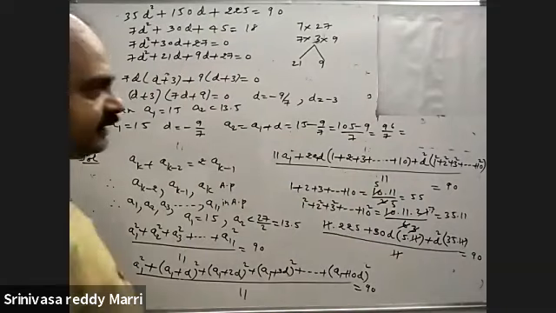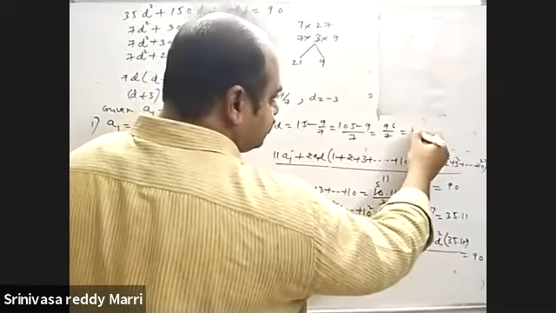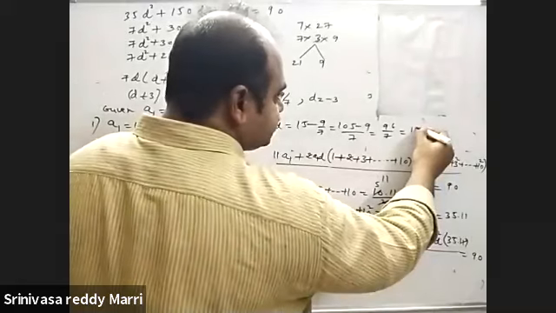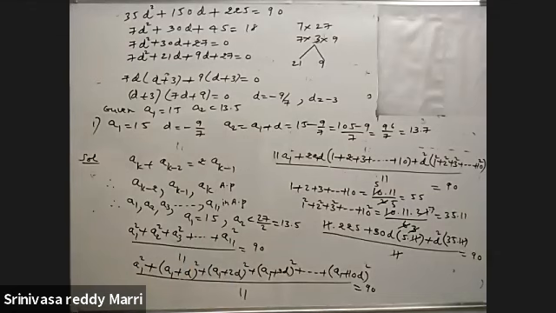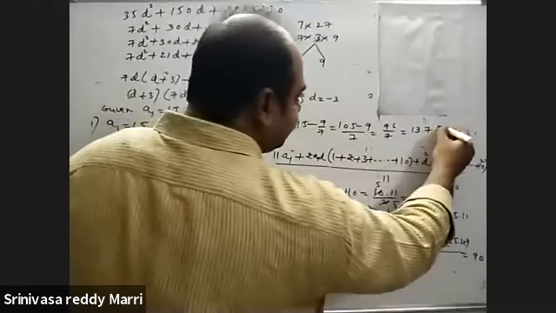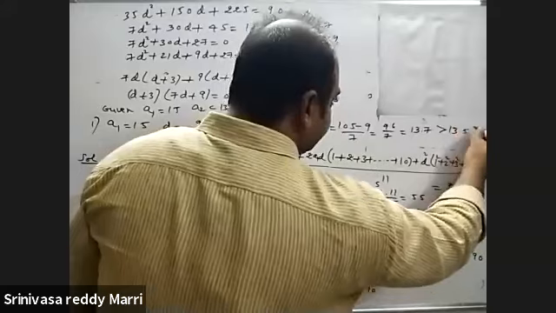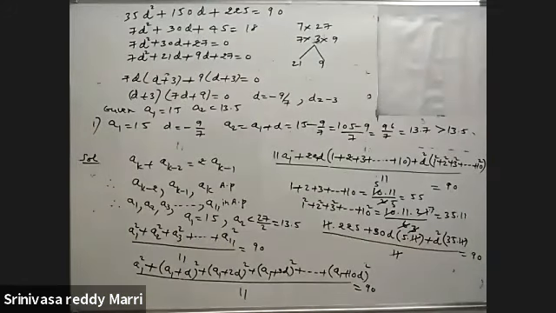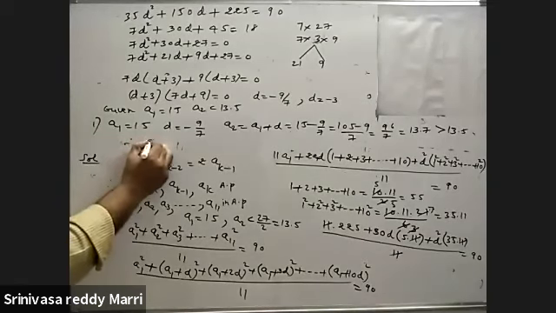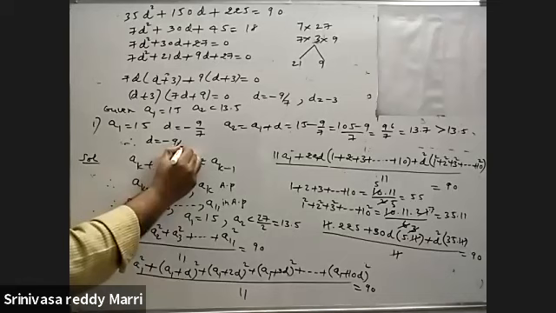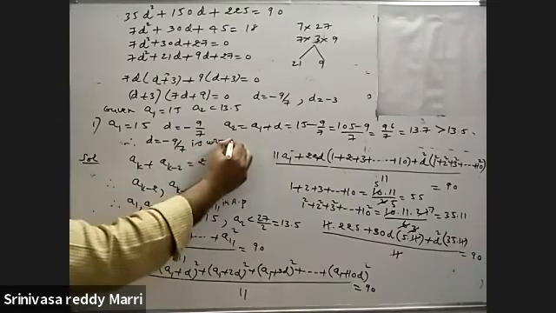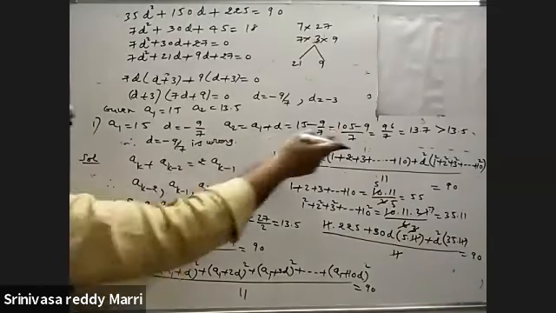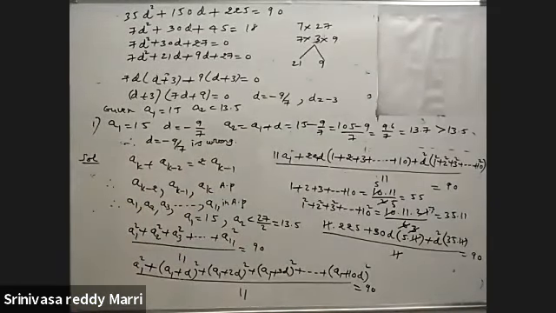So 7 ones are 7, 26, 7 threes are 21. This comes out to be 13.7. 13.7 is greater than 13.5. But given that a2 is less than 13.5, therefore, you must not take d equal to minus 9 by 7. It is wrong, because for that d, a2 if we calculate, it is greater than 13.5.